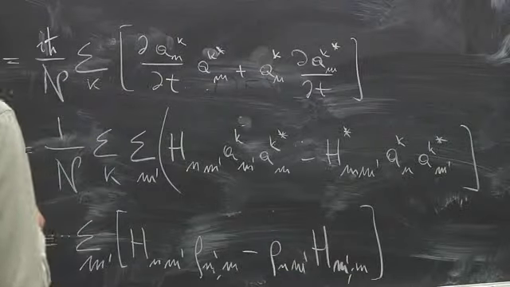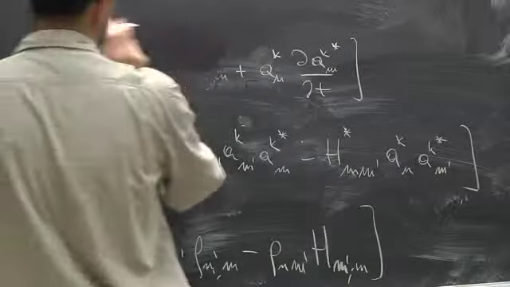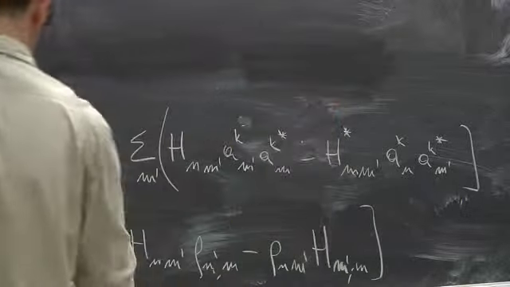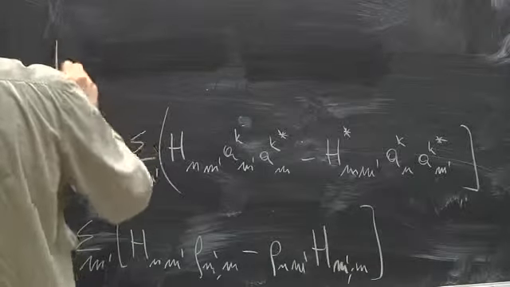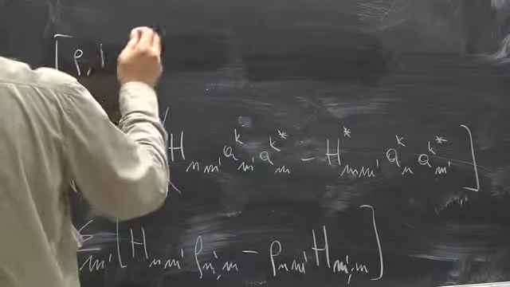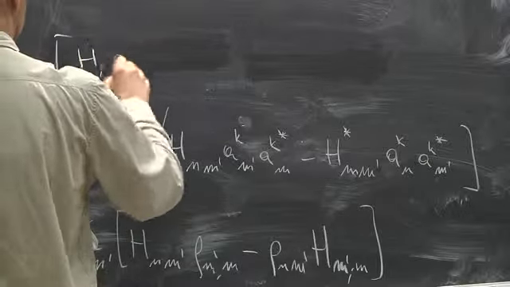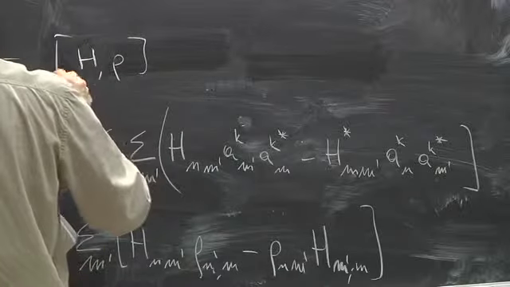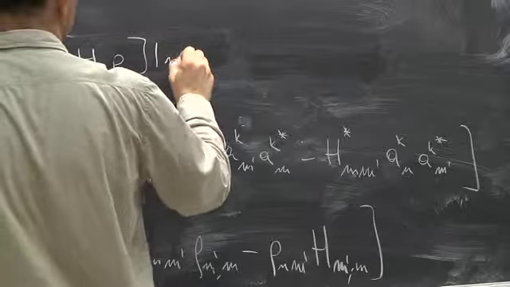What you get from this is that this object is precisely the commutator of h and rho, matrix element n m.